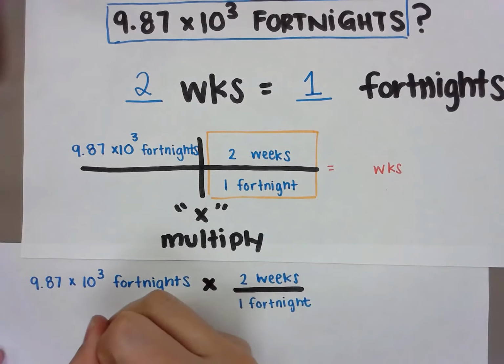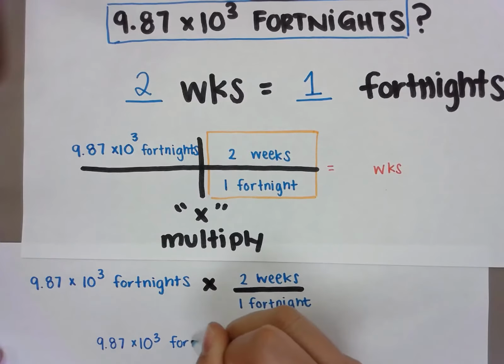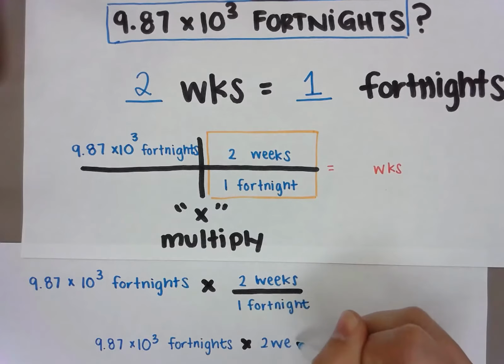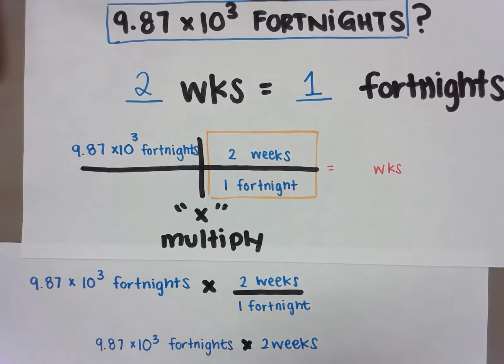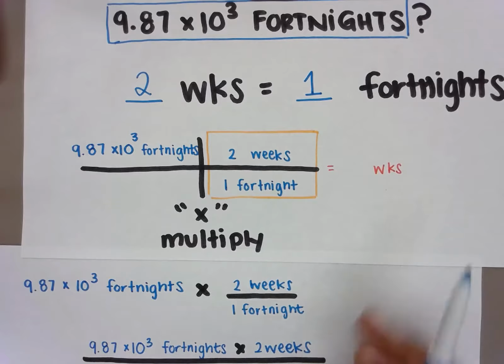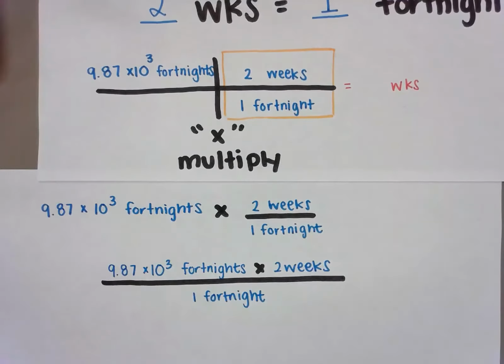I have 9.87 times 10 to the third fortnights multiplied by 2 weeks, and I'm dividing now by everything on the bottom, which is going to be 1 fortnight. So take a look at what I just rewrote. I have fortnights times weeks divided by fortnight.